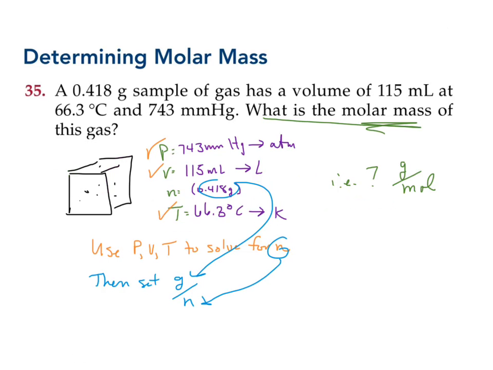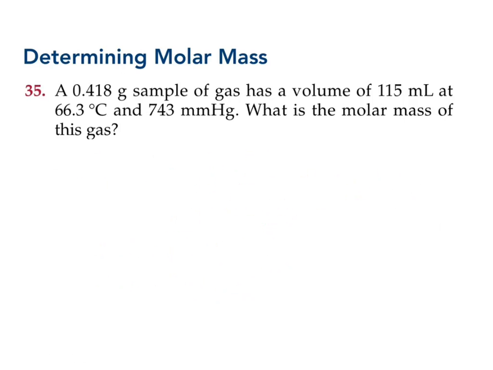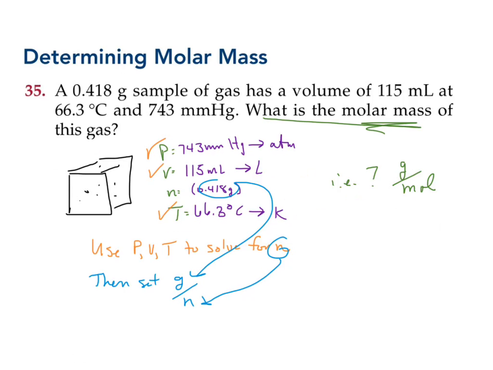Okay, so this one is a little bit different. All right, here's my box. They give you the pressure. Of course, you've got to clean it up, get it from millimeters of mercury to atmospheres. They give you volume. Since you're using the ideal gas law equation, you've got to get from milliliters to liters. They give you the temperature.